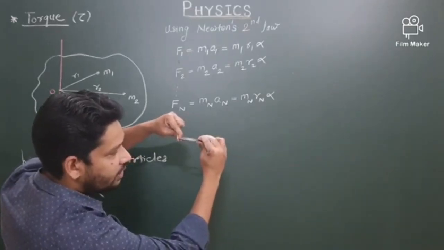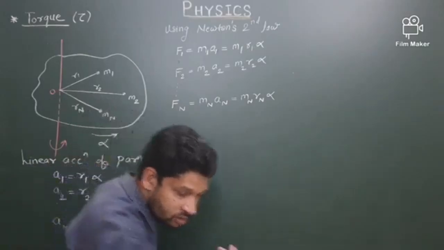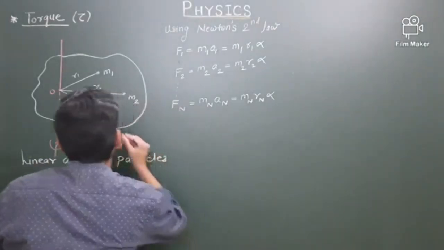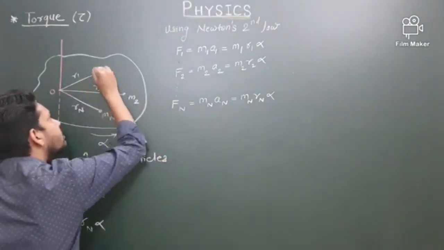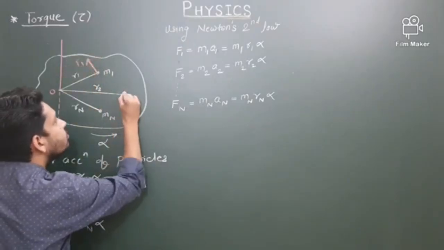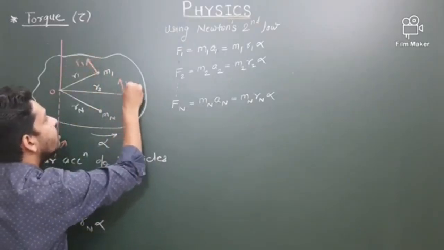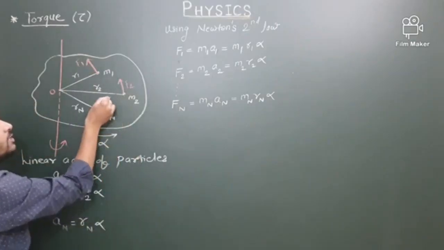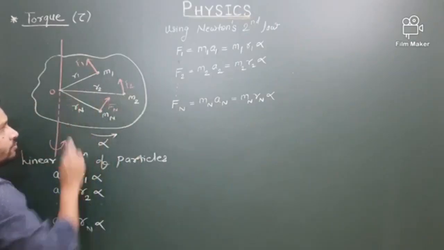It is the tangent. We cannot show the tangent here, so we will show it slanted. So this is the force F1. This is the force F2. Like that, this is the force Fn.